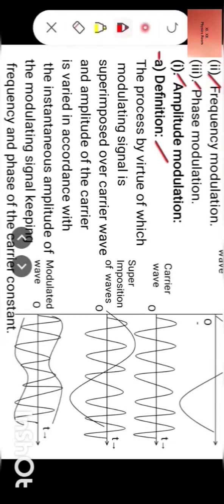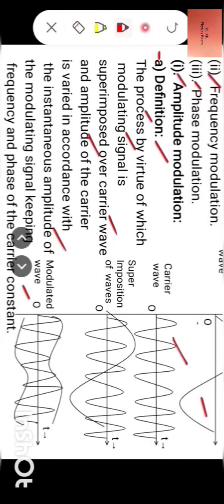A. Definition: the process by virtue of which modulating signal is superimposed over carrier wave, and amplitude of the carrier is varied in accordance with the instantaneous amplitude of the modulating signal, keeping frequency and phase of the carrier constant.